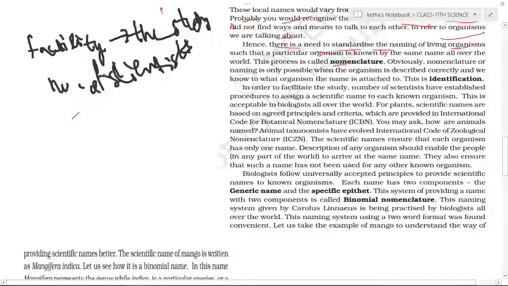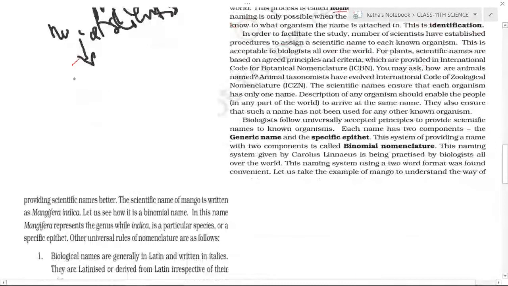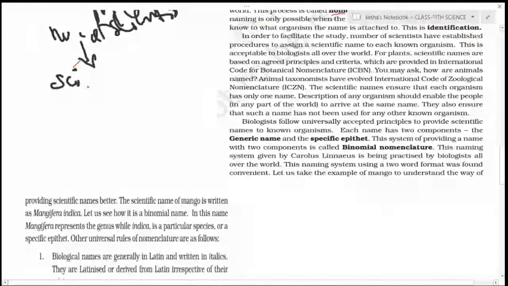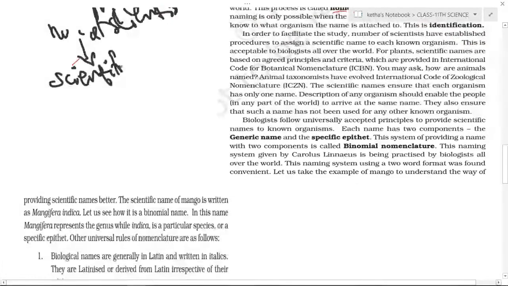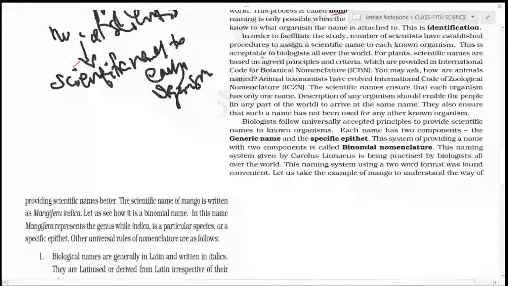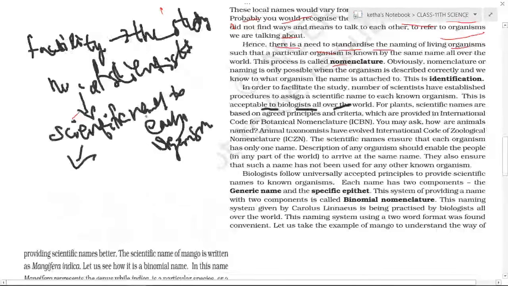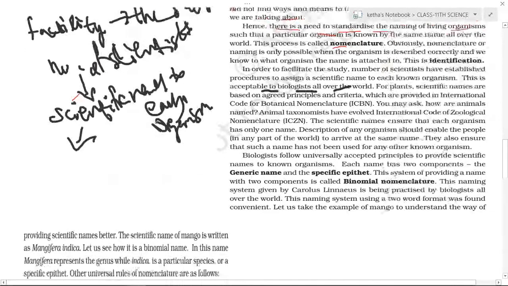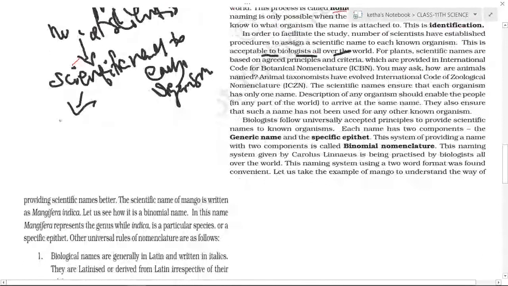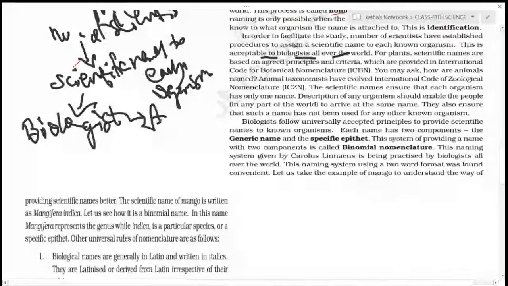This is acceptable to biologists all over the world. The scientists have decided that we need to give a scientific name to a particular organism, and this has been accepted by all biologists.